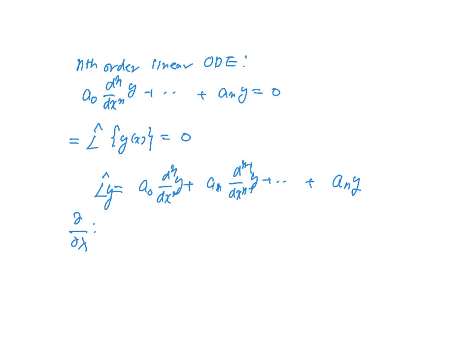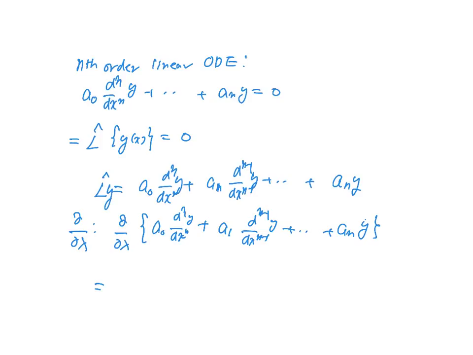So that is partial lambda of a0 d^n y/dx^n plus a1 d^(n-1) y/dx^(n-1) plus up to a_n y. And lambda and x are independent, so you can change the order.